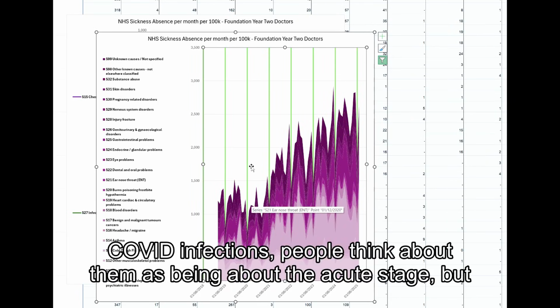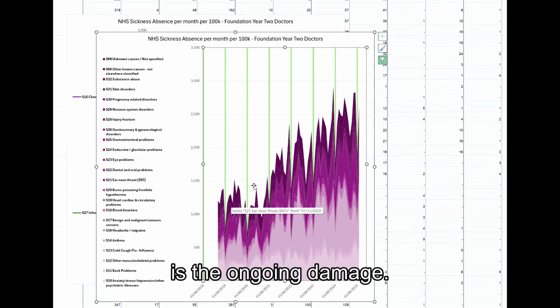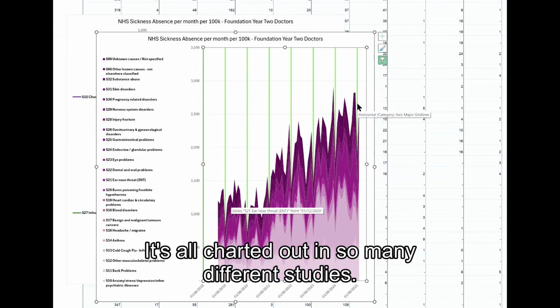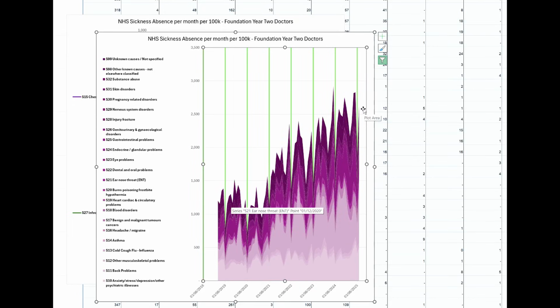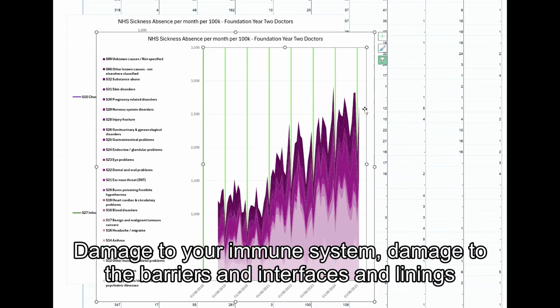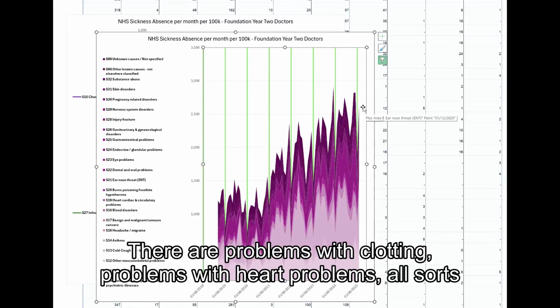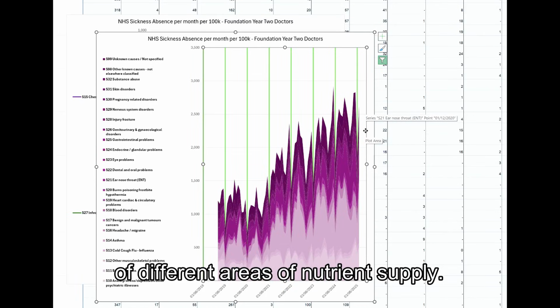COVID infections, people think about them as being about the acute stage, but look at this. This is the ongoing damage, which is all charted out in so many different studies. Damage to your immune system, damage to the barriers and interfaces and linings in your body. There are problems with clotting, problems with heart problems, all sorts of different areas of nutrient supply.